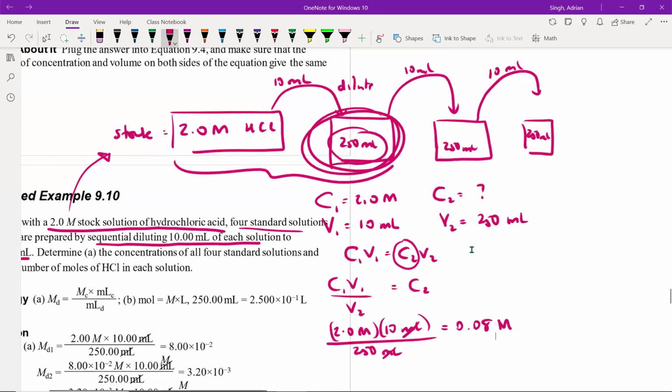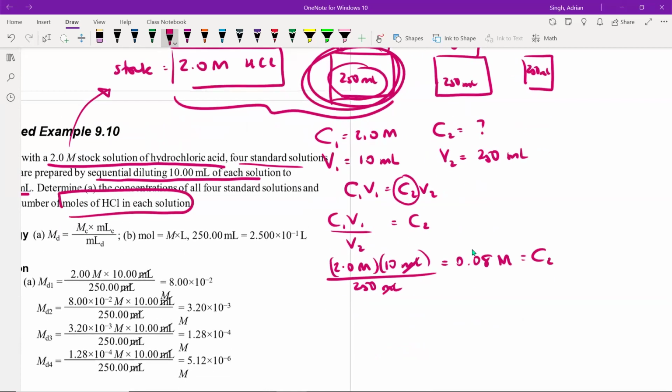Once we know the concentration, this is my C2, right? The other thing I need to do is to figure out the number of moles of HCl in that solution. Well, I have 0.08 molar, that means 0.08 moles of HCl for every liter of solution. Do I have a liter of solution? No, I have 250 mils.